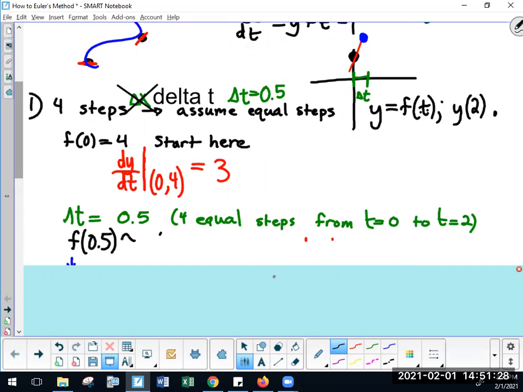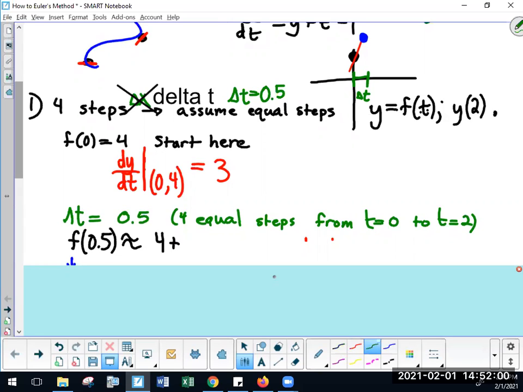How did I get 0.5? Well, I got 0.5 by saying I started at 0. I'm moving 0.5 units because I'm headed towards 2. So I know the t value is 0.5. The thing I don't know is the y value. So how do I get the y value? Well, the y value starts at 4, and then we add some stuff to that, yes? What do we add to that?